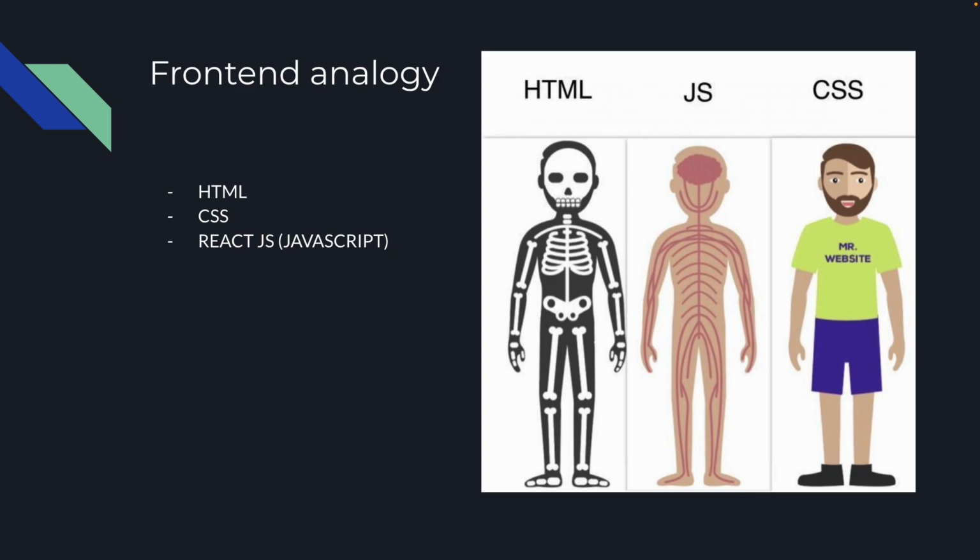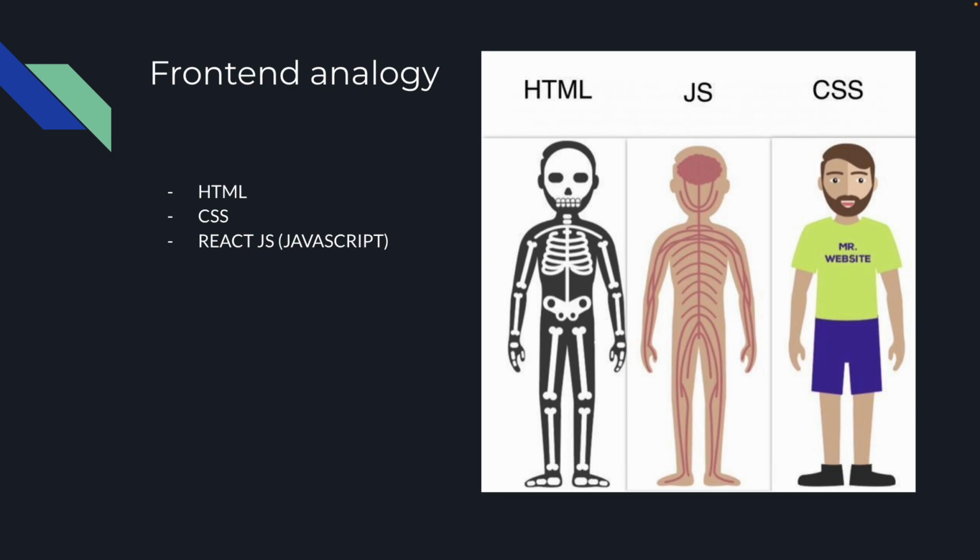Let's say, for example, you have a skeleton, which is HTML, and you've already made the skeleton look good by adding flesh, hair, beautifying the eyes, giving it a long arm and everything. But once you're done with that CSS, it just stands there and doesn't do anything. Users can come and talk to it, but it doesn't do anything. For it to be able to respond to the user's interactions, touch, and other things, that is what JS does. JS can also mean JavaScript. So the neurons are the JavaScript.